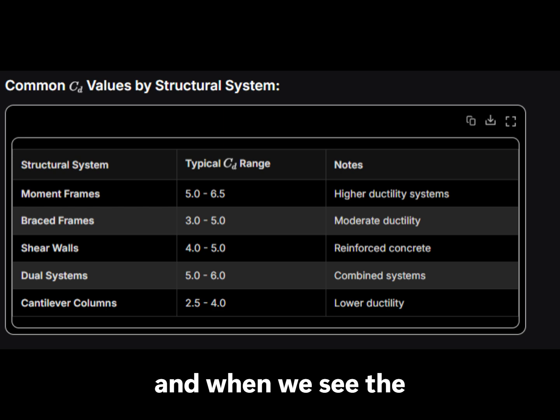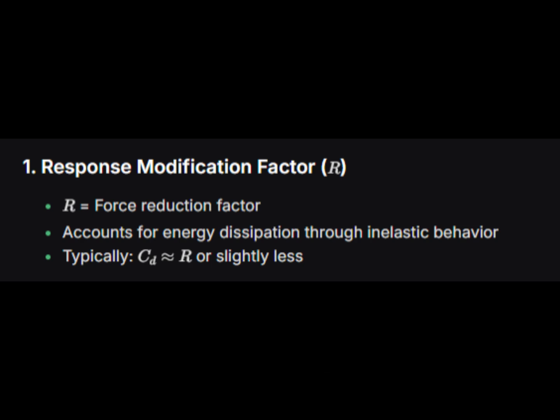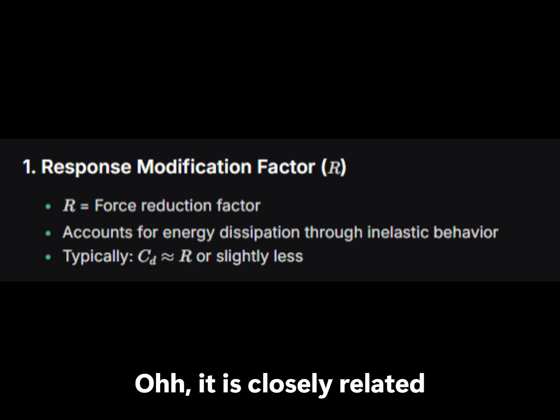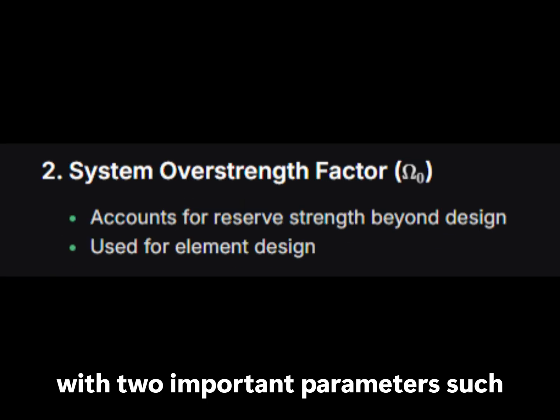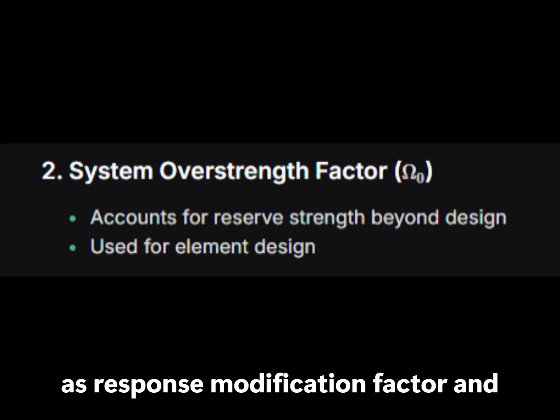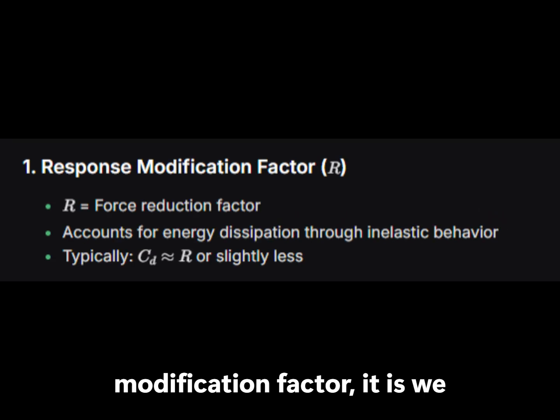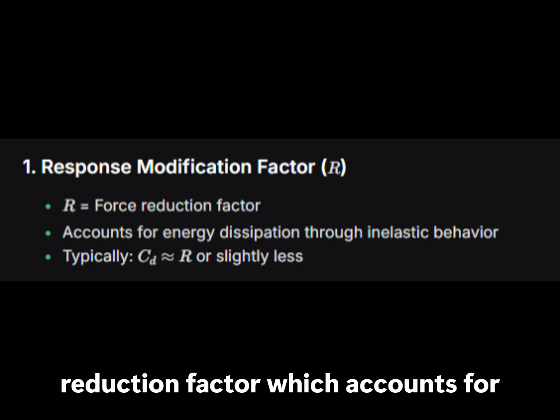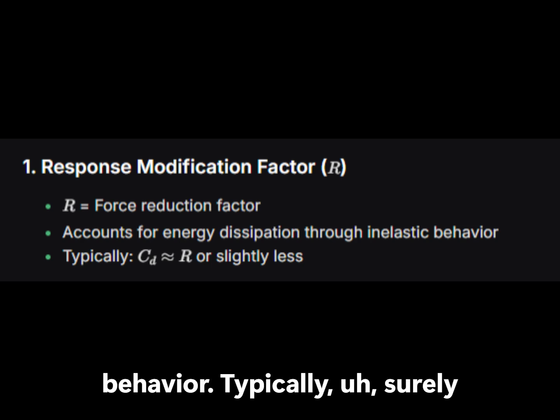And when we look at the relationship with other seismic factors, it is closely related to two important parameters: the response modification factor and the system overstrength factor. The response modification factor, which we can also call the force reduction factor, accounts for energy dissipation through inelastic behavior.